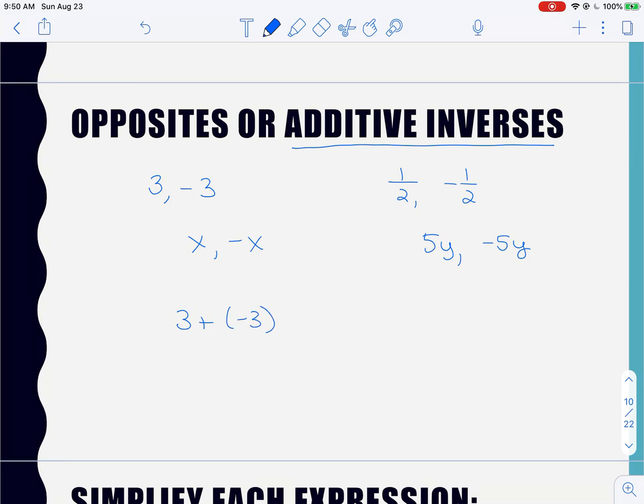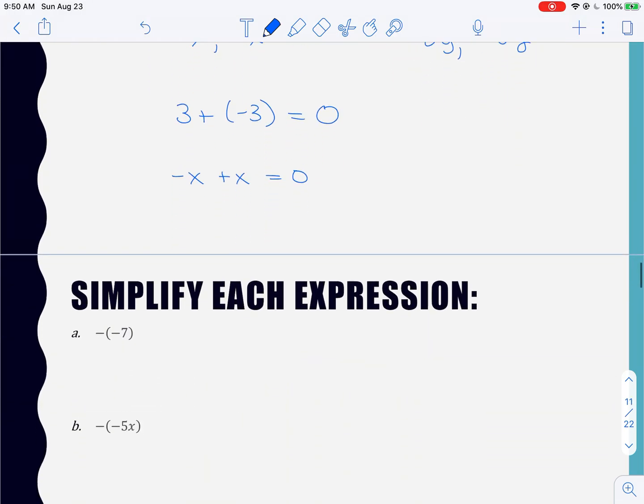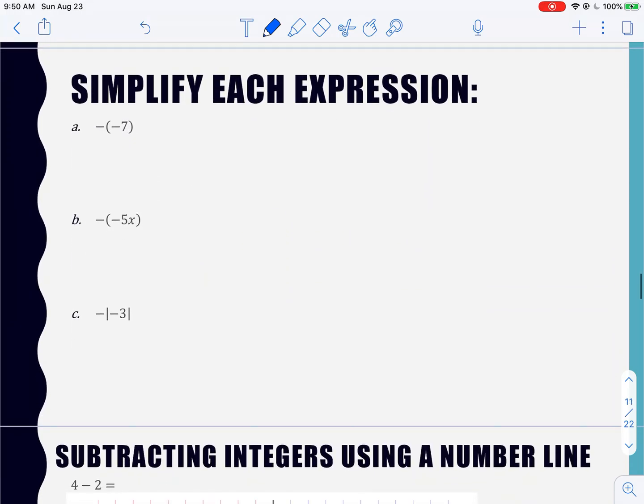What's 3 plus negative 3? Well, team positive scored 3 points, team negative scored 3 points, so it ends in a tie. Nobody won. So an opposite plus its opposite is equal to 0, or additive inverses add up to 0. So negative x plus positive x would also be 0 because they're opposites. So opposites add up to 0.